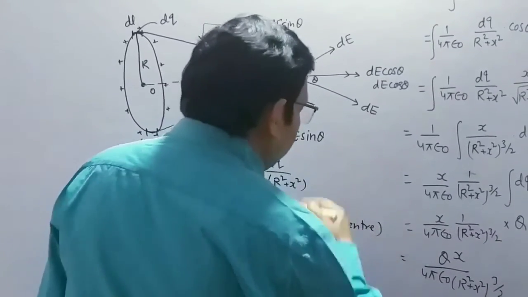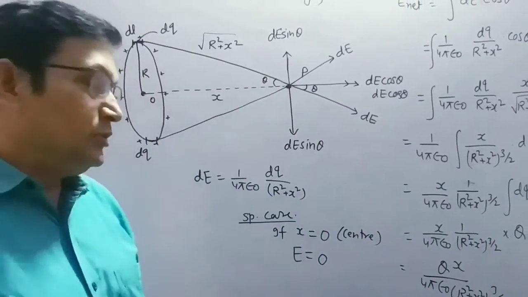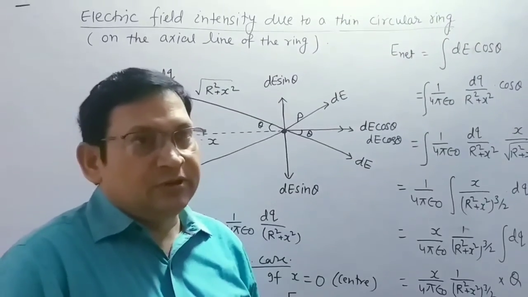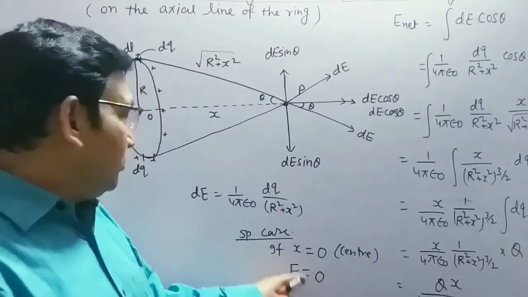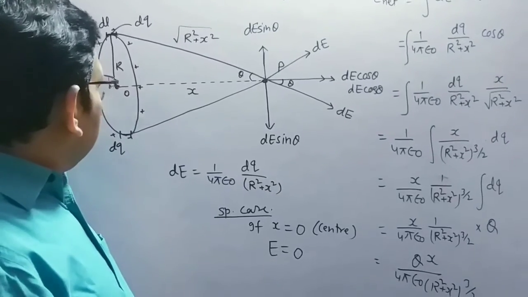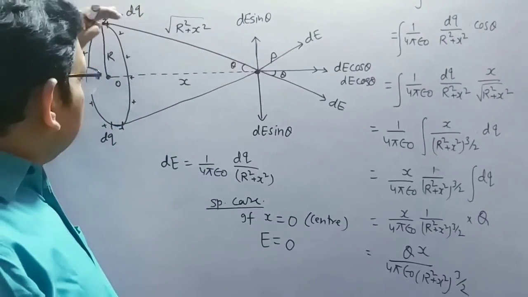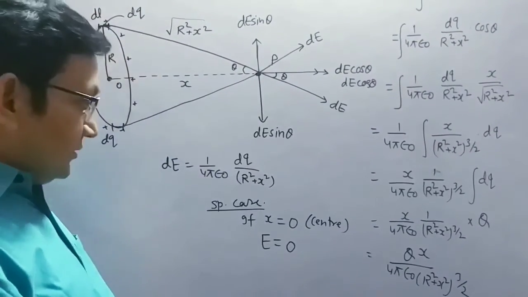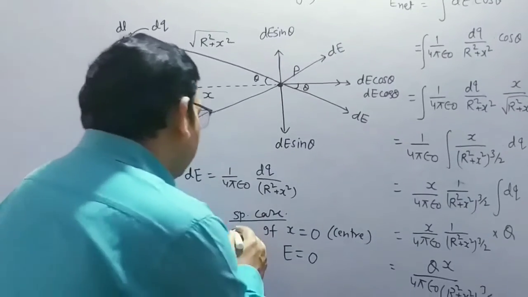So electric field intensity is 0 at the center of the ring. We can also prove this by symmetry. Here the electric field will be directed in all directions, and each electric field will cancel out each other.